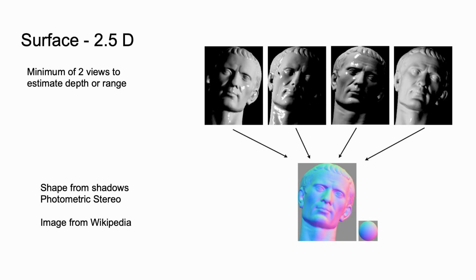And the model of the brightness of a surface, depending on its surface normal, no, and the light source direction, okay, from a model of how the surface normal reflects light, given the direction of the camera and the direction of the light source, allows us, if you take several images, the unknown surface normal can be determined. Again, doing surface 2.5D requires that we get the surface normal of the object we're trying to get the shape of.